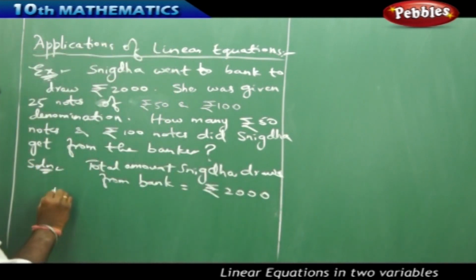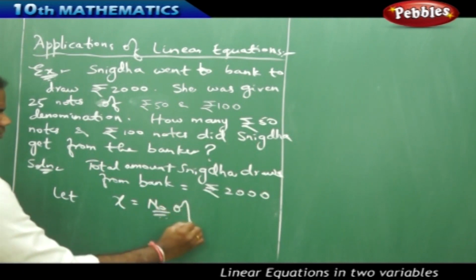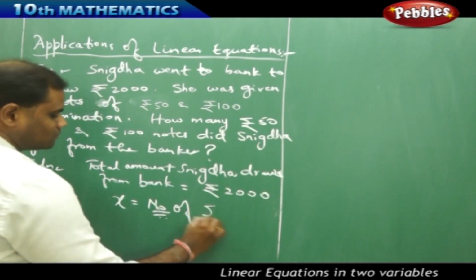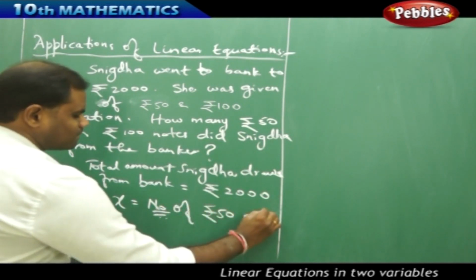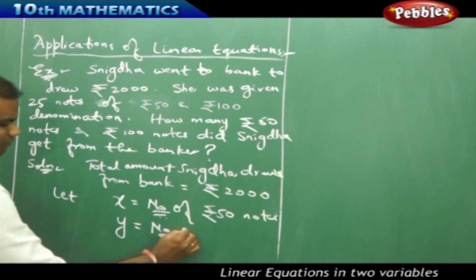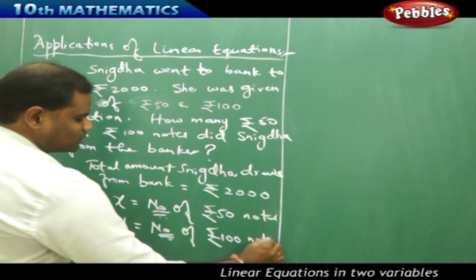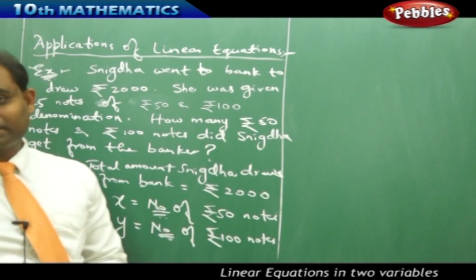So here, let x equal the number of rupees 50 notes as given by the banker, and let y be the number of rupees 100 denomination notes as given by the banker.